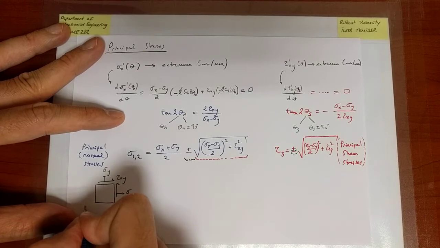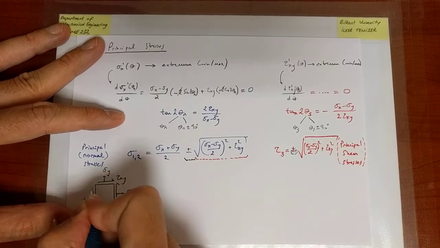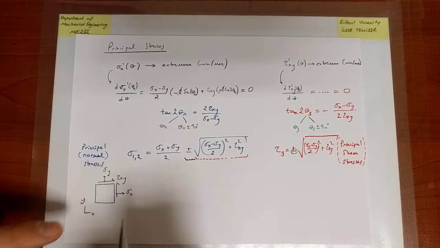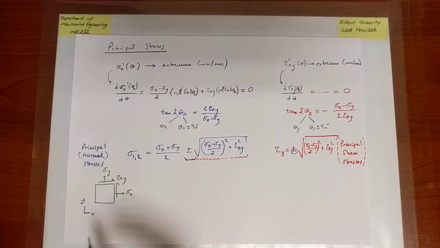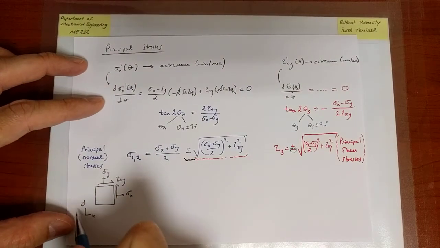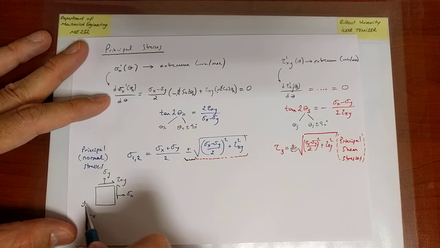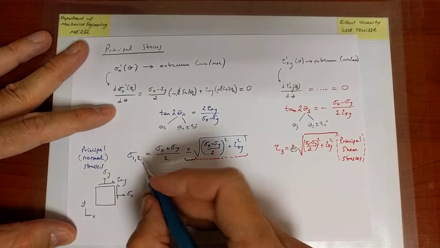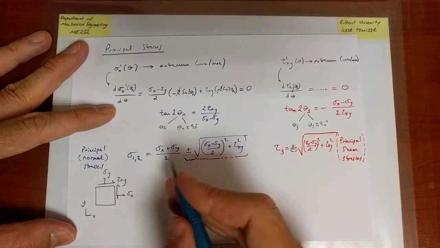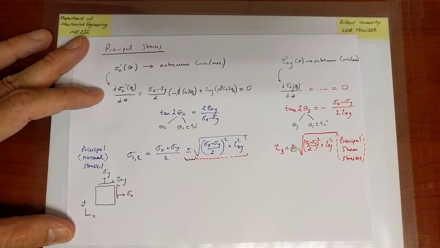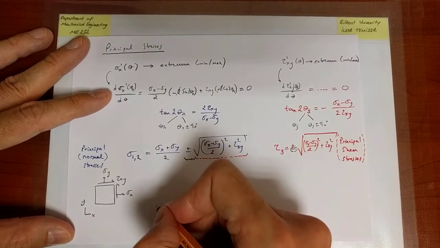It goes without saying, there are stresses on the other surfaces as well. I'm not drawing that. Now then, I rotate these. I look for rotations, and I find very special directions, and those special directions are associated with principal directions.